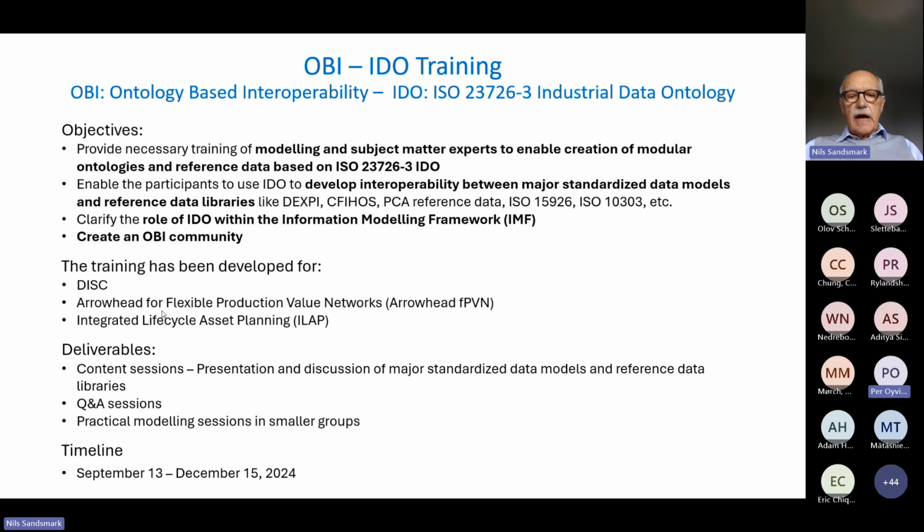And the Arrowhead fPVN project, which is an EU project with approximately 40 participants around Europe. And also the Integrated Lifecycle Asset Planning project, which is a project between Equinor, Aker BP, Vår Energy, and ConocoPhillips.